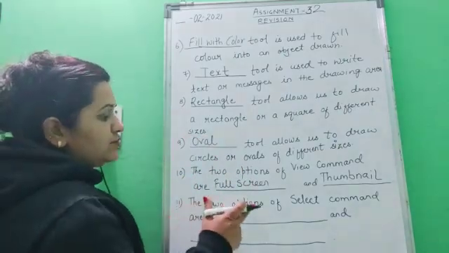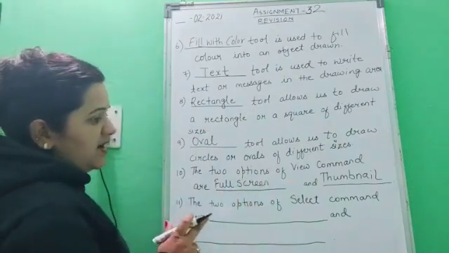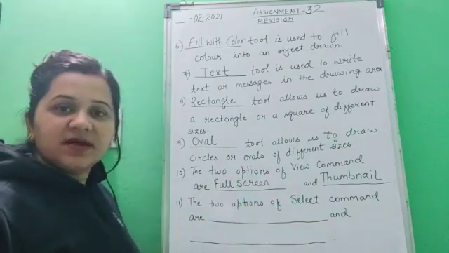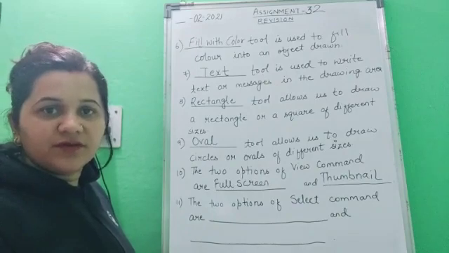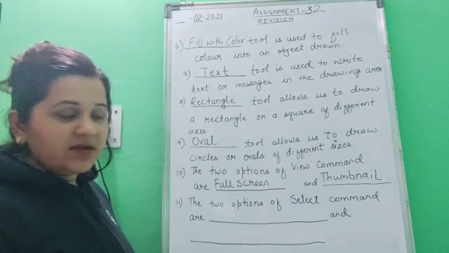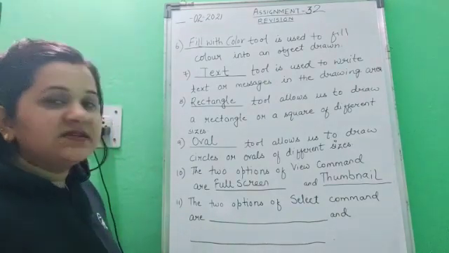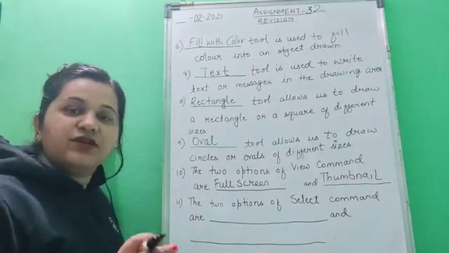11th, the two options of select command are dash and dash. Select commands are used to cut or remove any part of a drawing in the drawing area. So we can select the drawing in two ways.